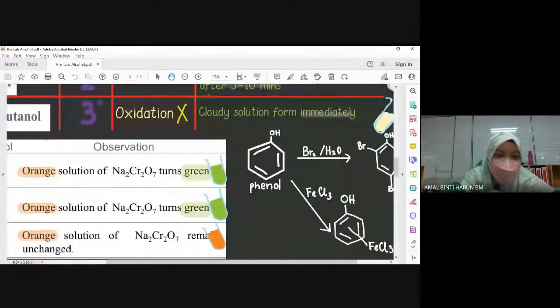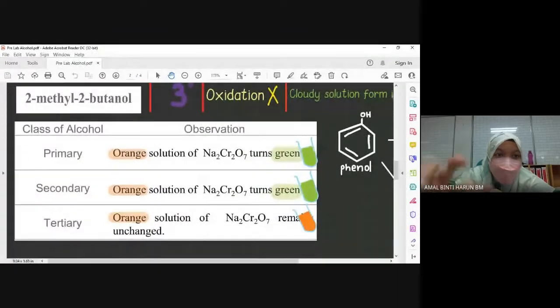Sekarang kita gunakan oxidation test menggunakan sodium dichromate. Okay, sometimes kalau you baca buku atau tengok nota, it can be potassium dichromate. So whatever chromate ni, which is Cr2O7 2- ion, they are orange in color. Okay.